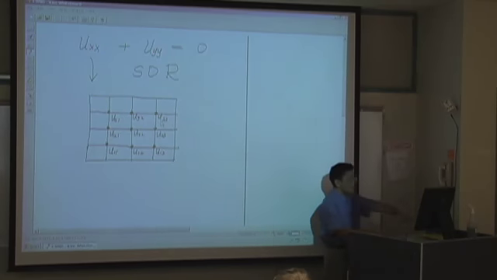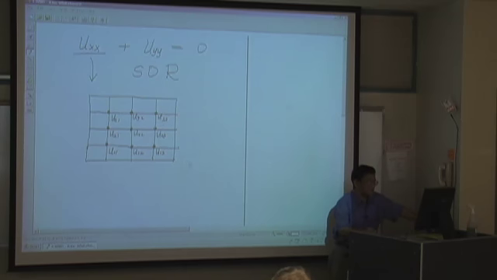Then how can we represent the derivative in the x direction? This is the x direction, this is the y direction. Usually, at this point, the derivative is written as u1,2 minus 2 times u1,1, and then, for convenience, let's label this the same way.